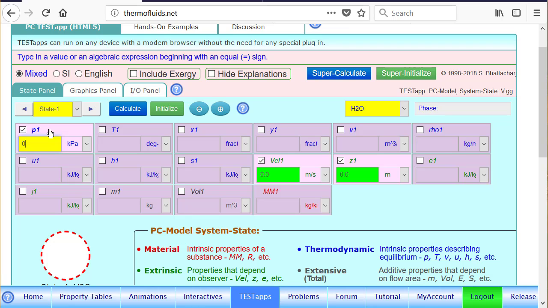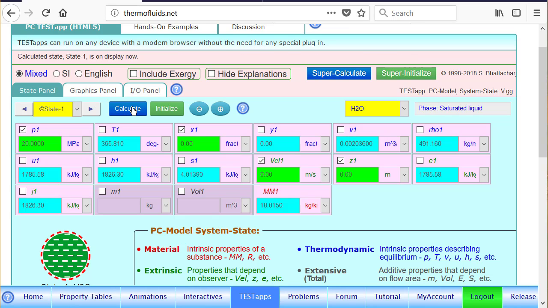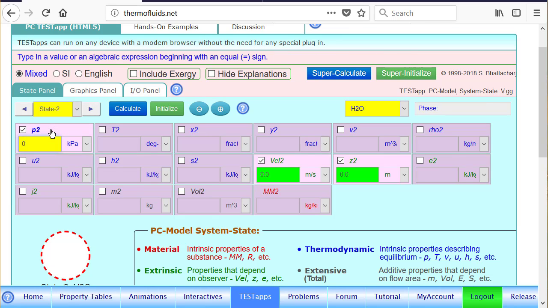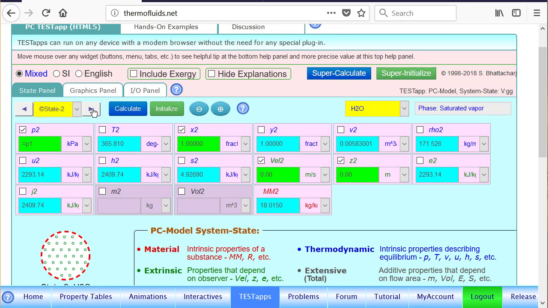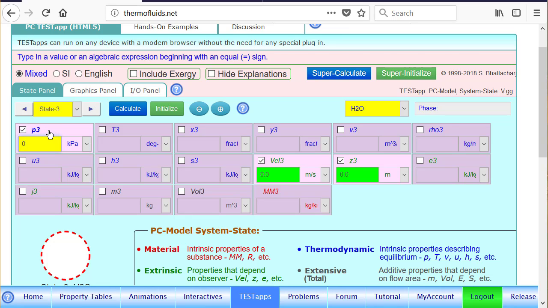State 1, 20 MPa supplied. It is saturated liquid, which means quality is 0, so that's pretty simple. State 2, same pressure, and it's saturated vapor, quality should be 1. State 3 is superheated vapor, again same pressure, and temperature is supplied to be T3 equals T1 plus 100 degrees Celsius.